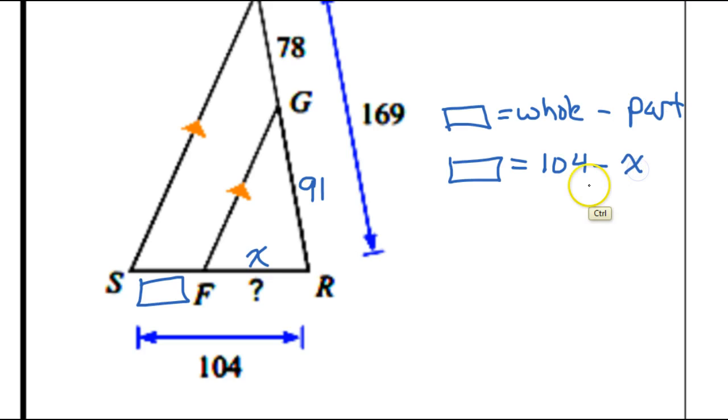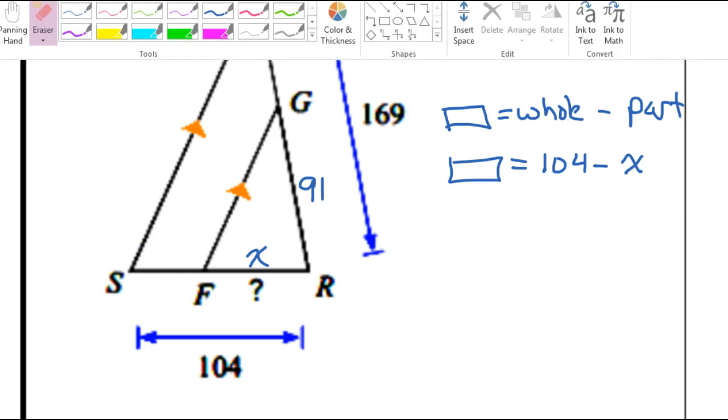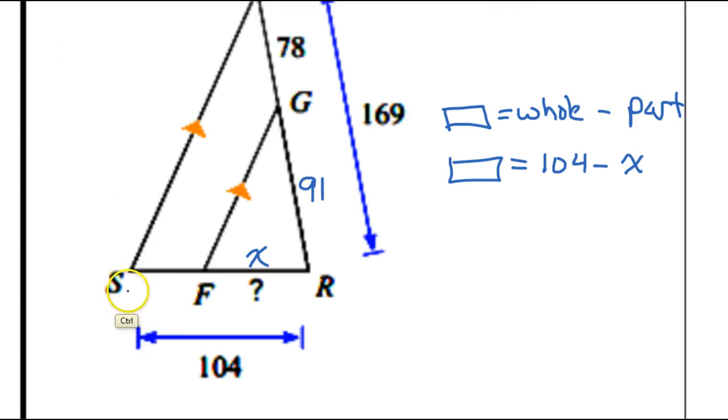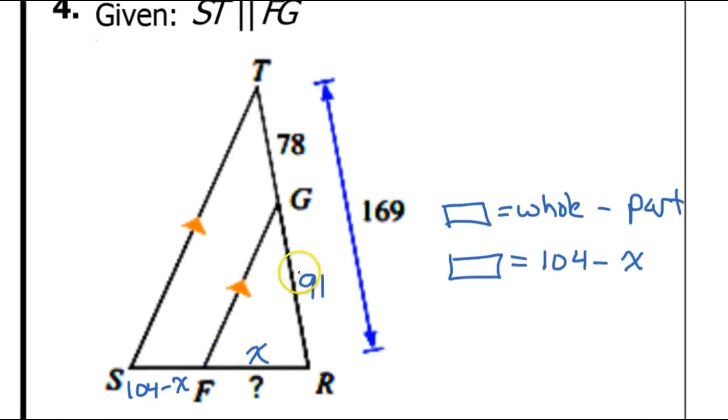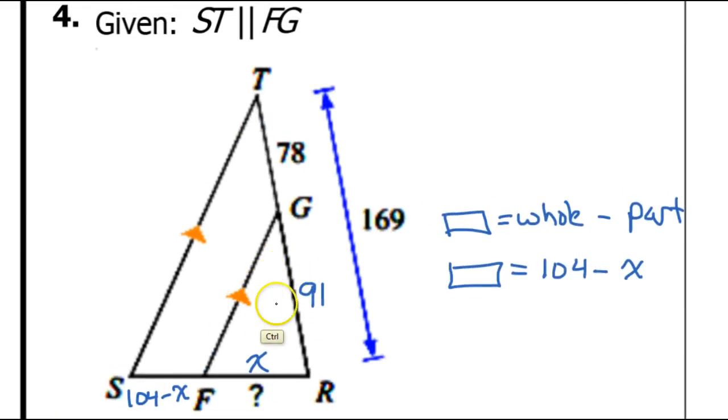So it's 104 minus x. It's always the whole minus the part. So I'm just going to squeeze that in right here. So this is 104 minus x. So now that I have all four segments, or at least an expression for all four segments, I can do the side-splitter theorem.